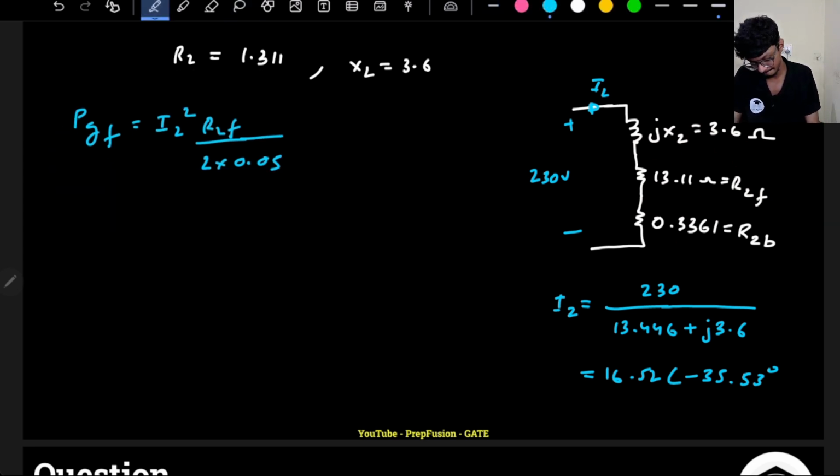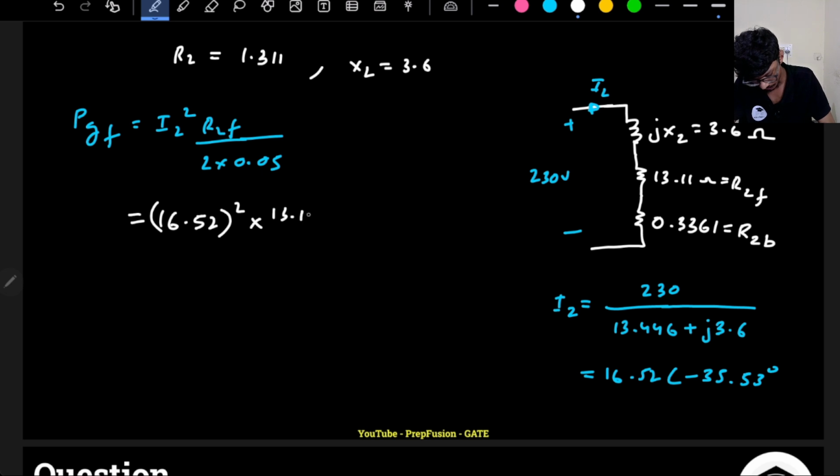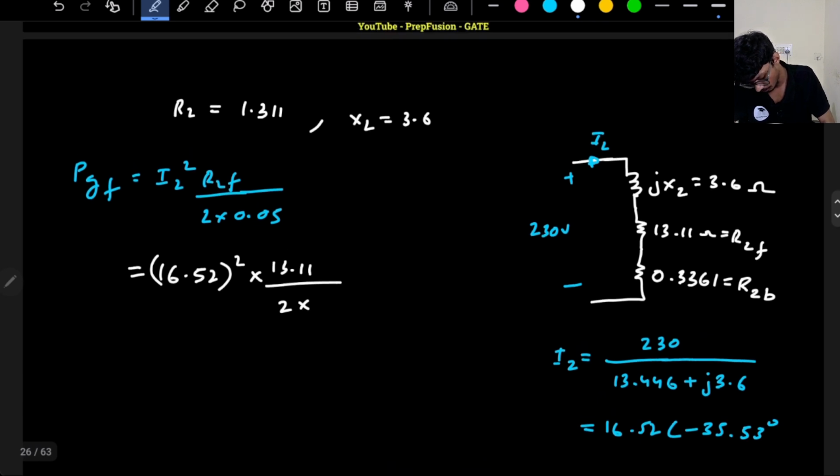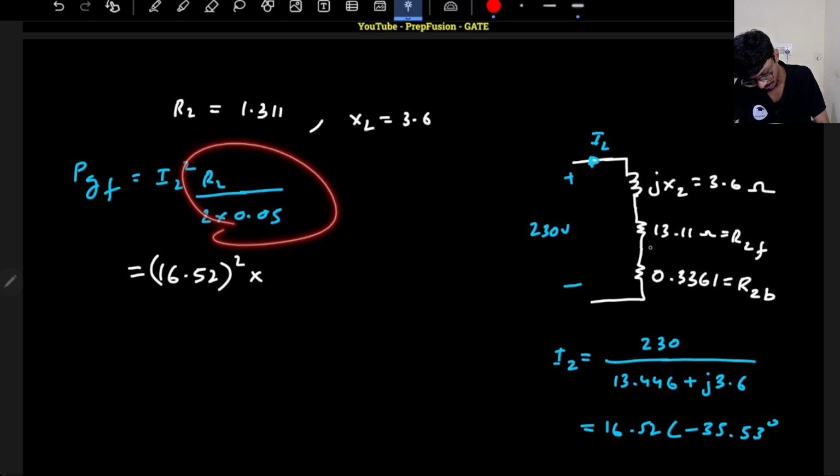So this will come out to be equal to 16.52 whole square into R2F. Sorry, this is R2 divided by s only, so this whole value is 13.11 only, right?